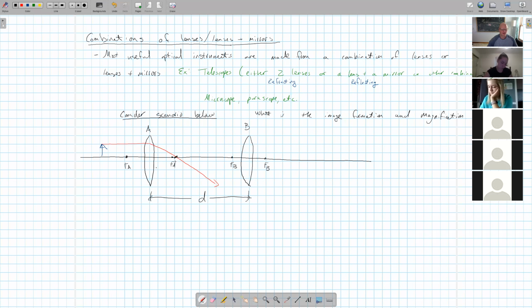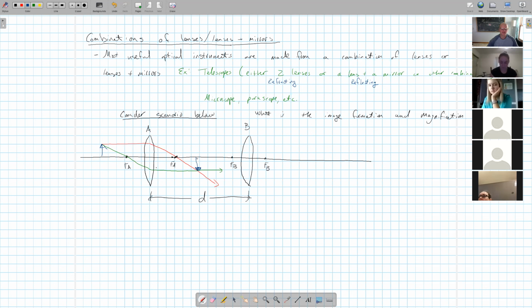Then let's draw our second ray, which goes through the closer focal point, hits the middle of the lens, and gets refracted parallel to the principal axis. Where these two rays intersect gives us our first image.